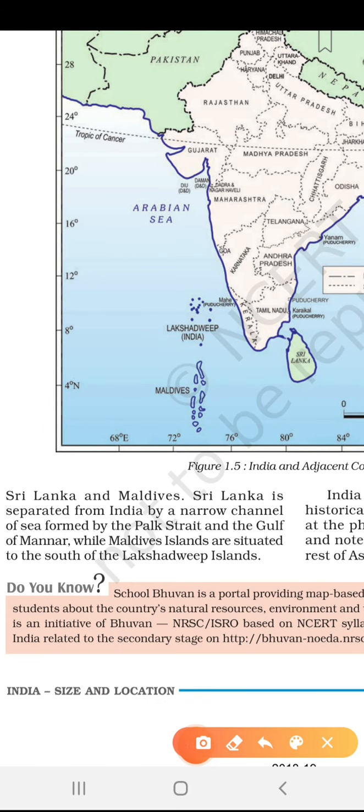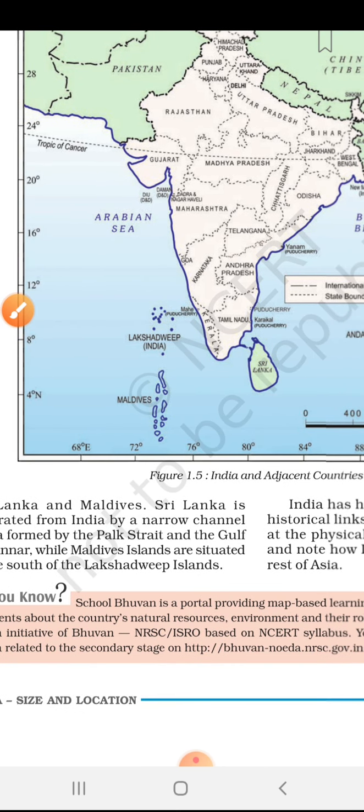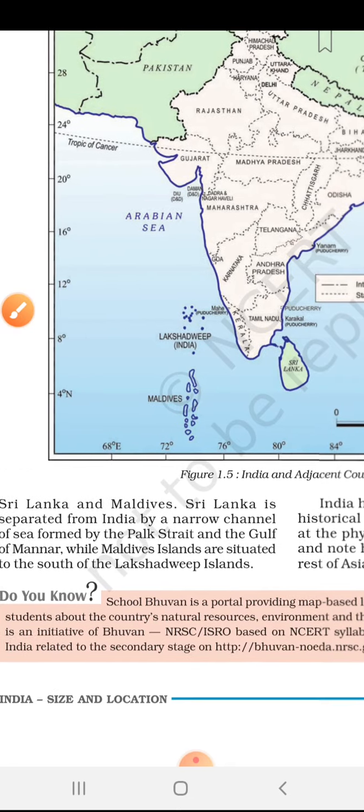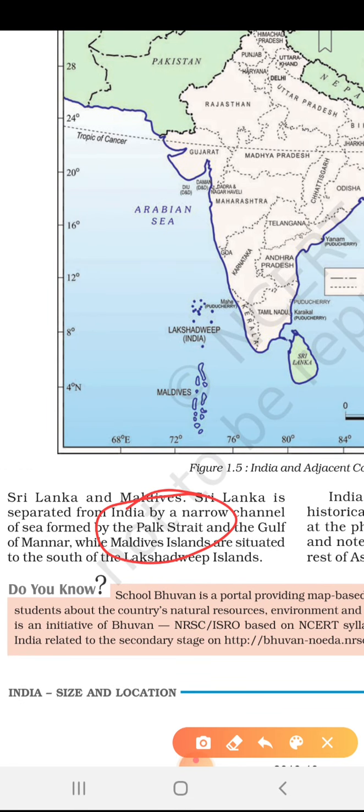You should remember that Sri Lanka is separated from India by a narrow channel of sea formed by Palk Strait and the Gulf of Mannar. You should remember this.